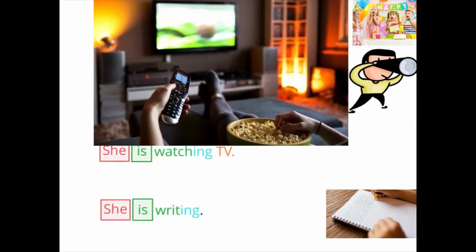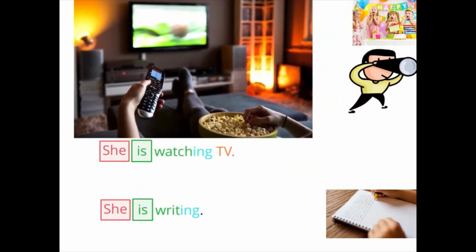Okay, let's look at our next sentence. She is watching TV. She is also eating popcorn. Okay, she is watching TV. With this sentence, our subject is she. We have our two-part verb, is watching. And then usually with this verb, we want to have an object after it.